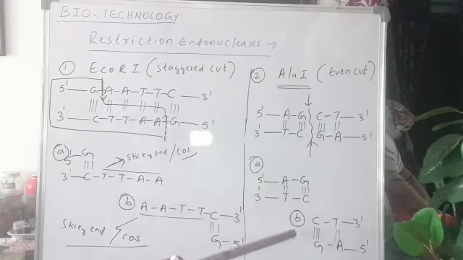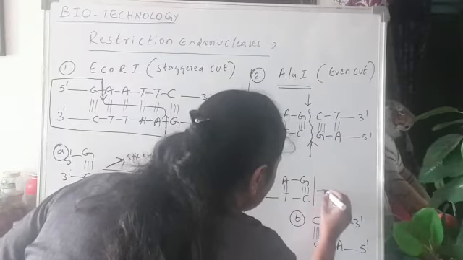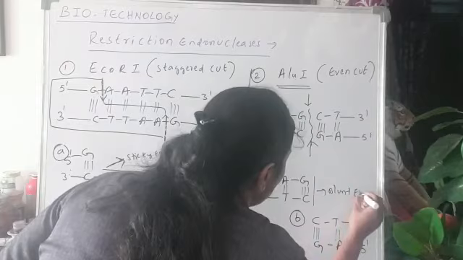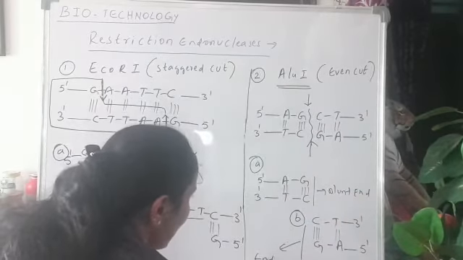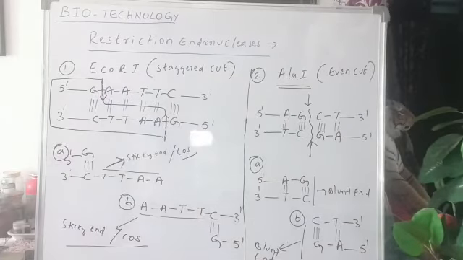These are the two fragments we got after this even cut, and such ends are known as sharp ends or blunt ends. Here we cannot notice any unpaired nucleotides. Unpaired nucleotides are not there in these two fragments. That is the reason why this end is known as a blunt end or sharp end.